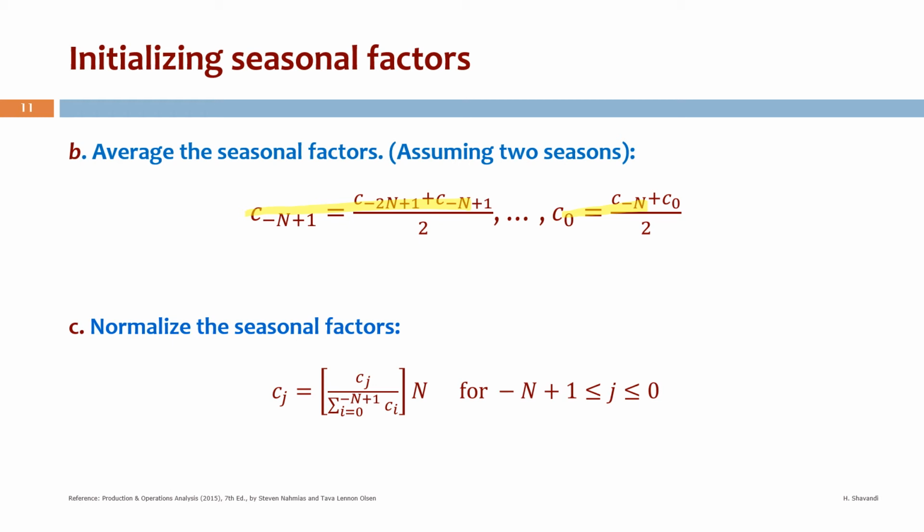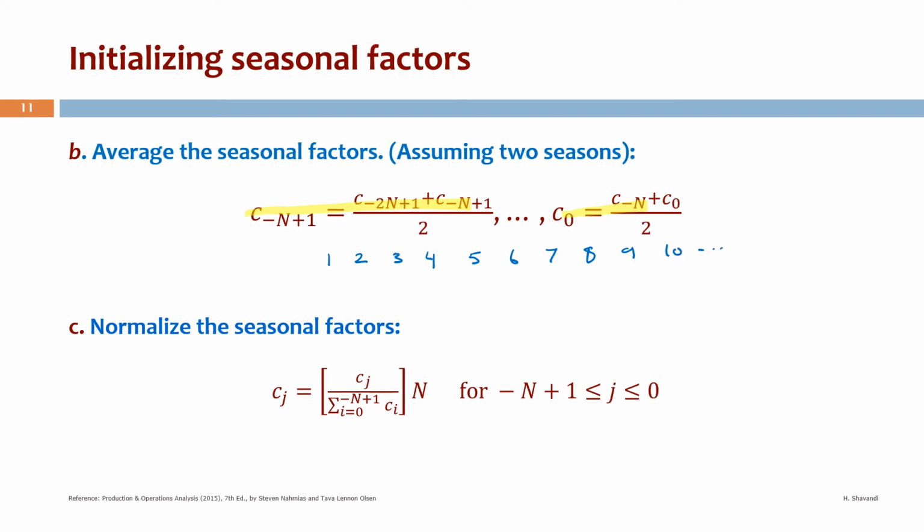Let's assume that we have seasons of 4 periods. So period number 1, 2, 3, 4 is the first season, and then 5, 6, 7, 8 is the second season, and then 9, 10, and so on, the other periods.